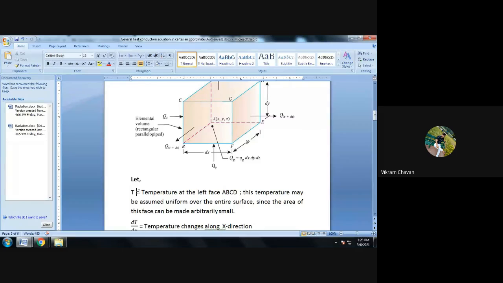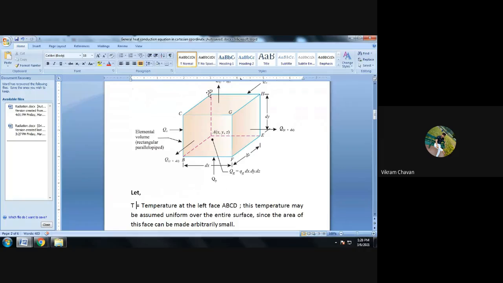Okay. We are assuming this particular point. So this face ABCD, this side, is maintained at T degree Celsius temperature. Okay, we are assuming that. This temperature may be assumed uniform over the entire surface, since the area of this face can be made arbitrarily small.